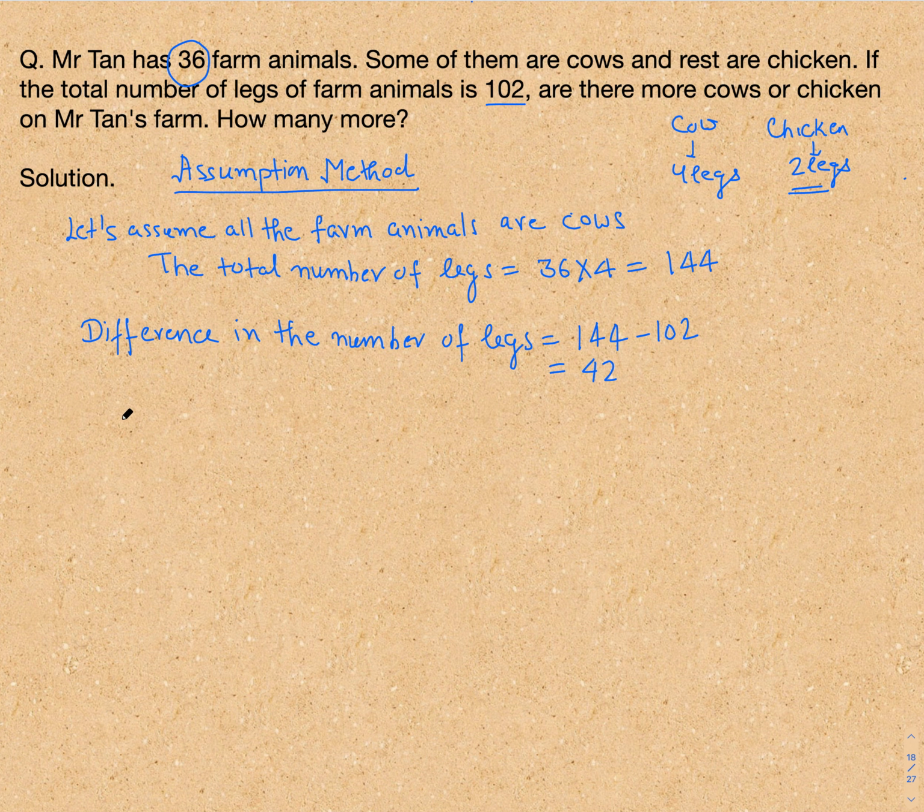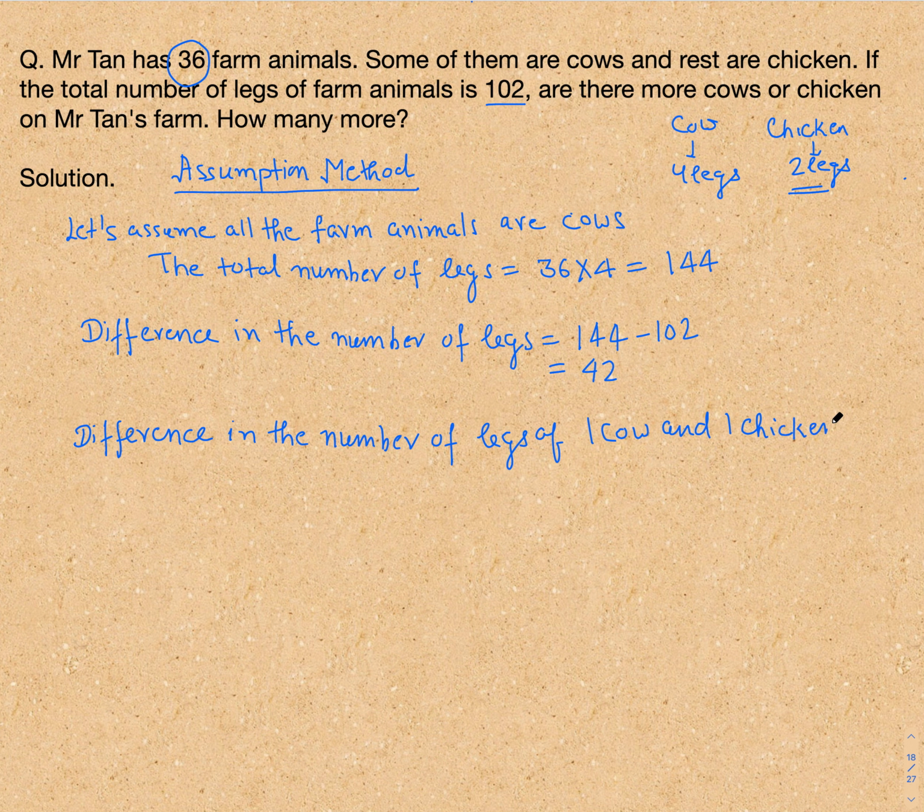Hence let's find out the difference in the number of legs of one cow and one chicken. Why are we finding it? Because we have replaced each chicken with one cow.